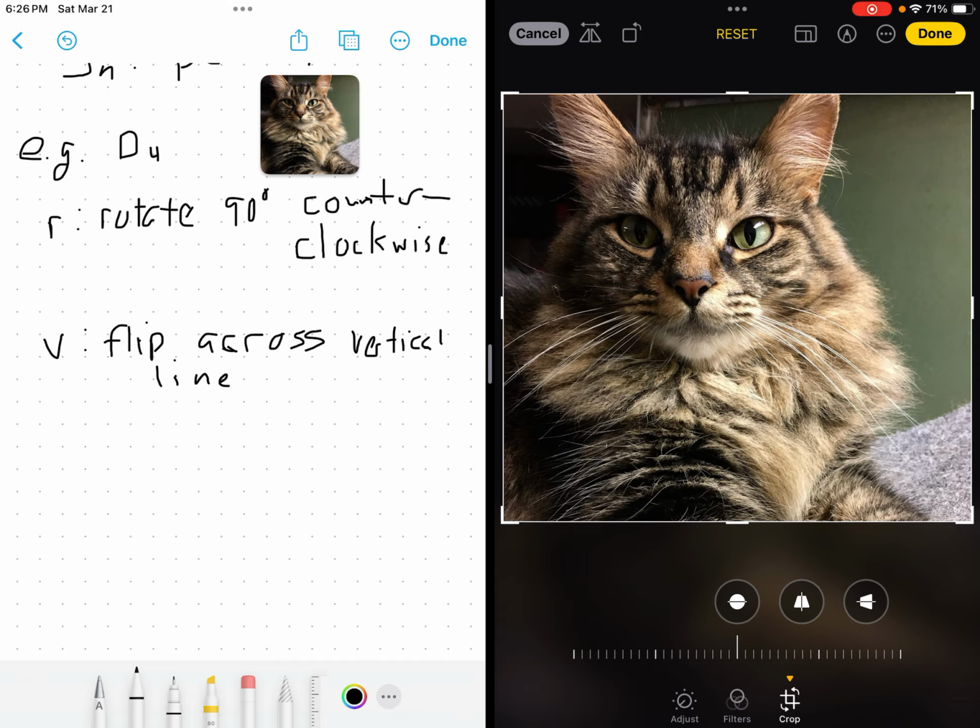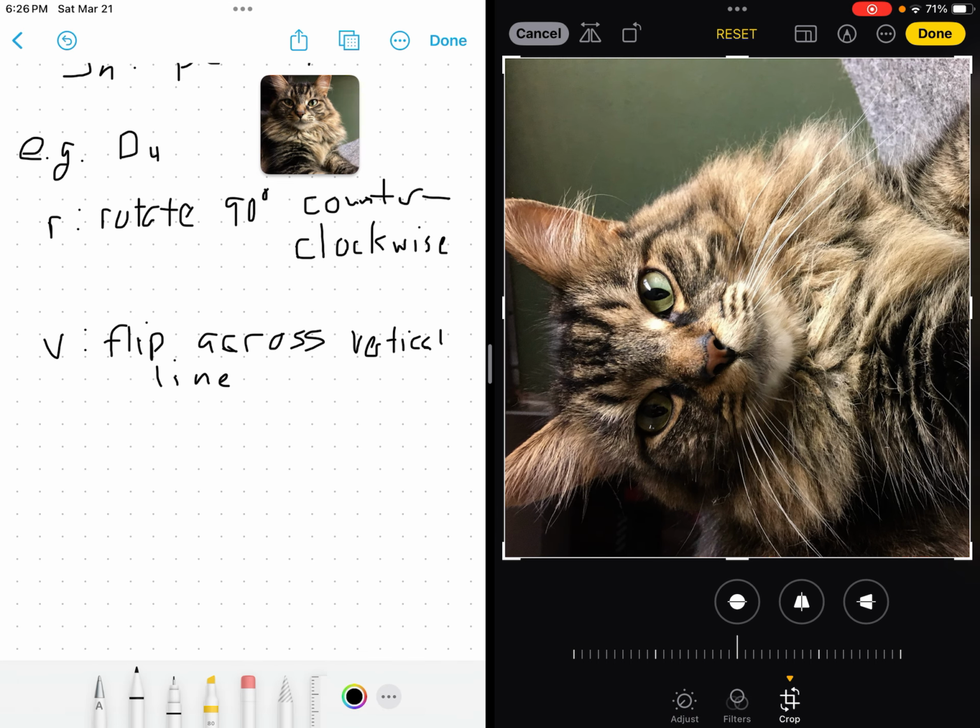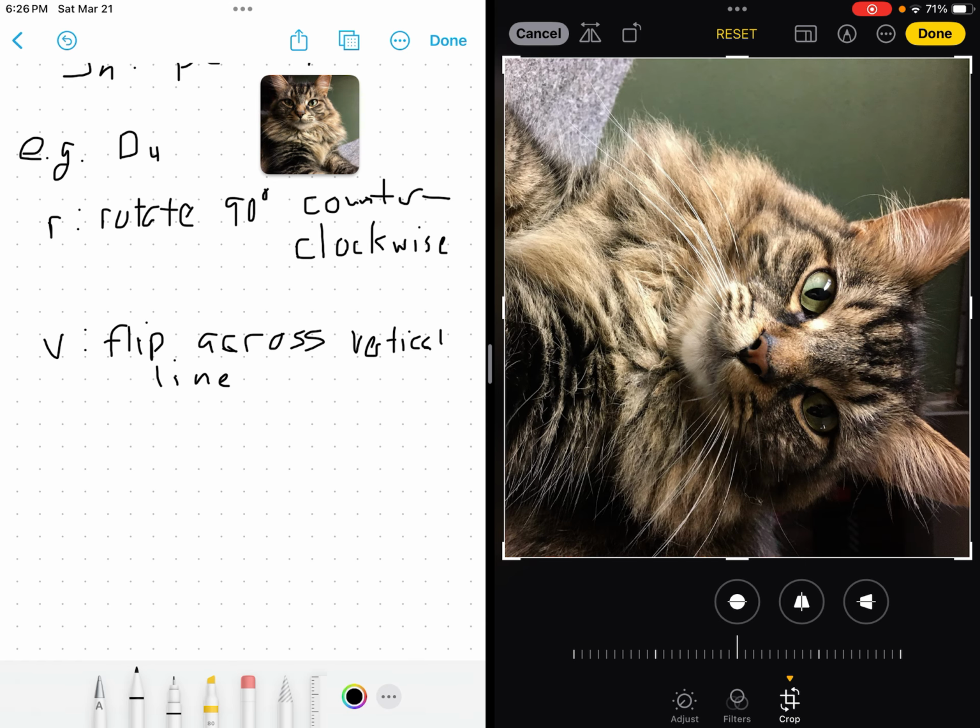So that would be one thing. The way we add things together here is by performing one action after another. So like if I wanted to add a 90-degree rotation to a flip across the vertical axis, that would be my result.